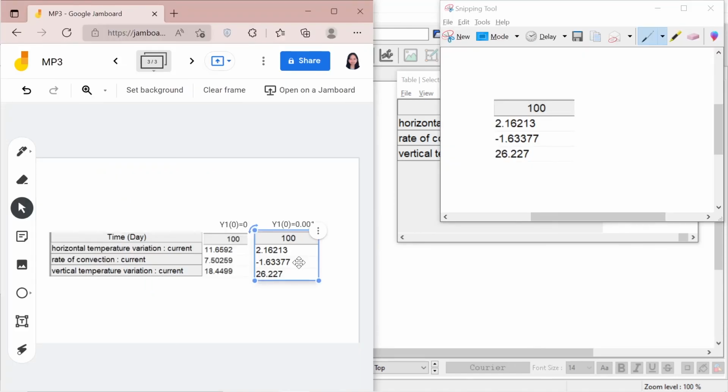Tiny changes of the initial value of y1 made a significant difference in the values of y(100), as we can see in this table.